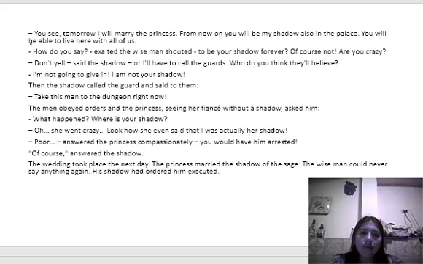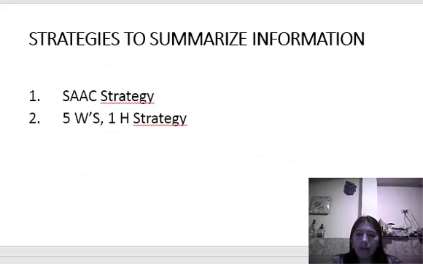As students, we must be able to make summaries, choosing the correct details of the text and be able to write them in a clear and understandable way. I have reviewed 2 strategies to summarize, which are the SAAC strategy and the 5Ws 1H strategy.